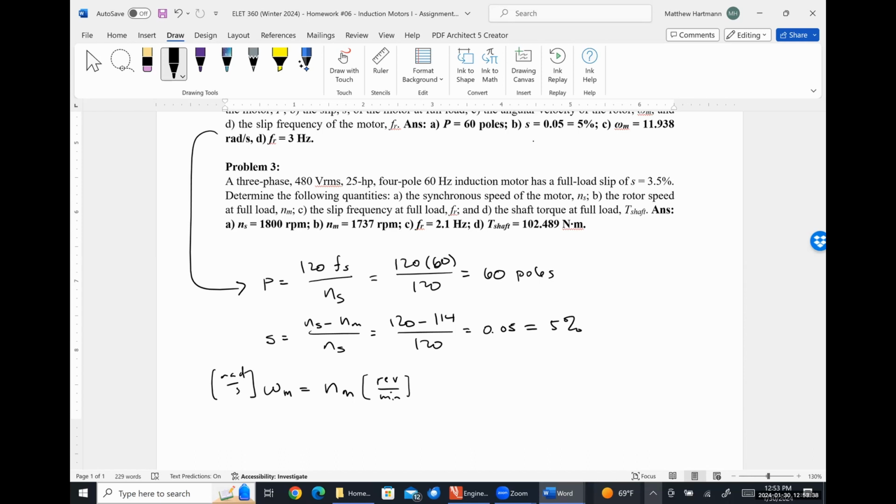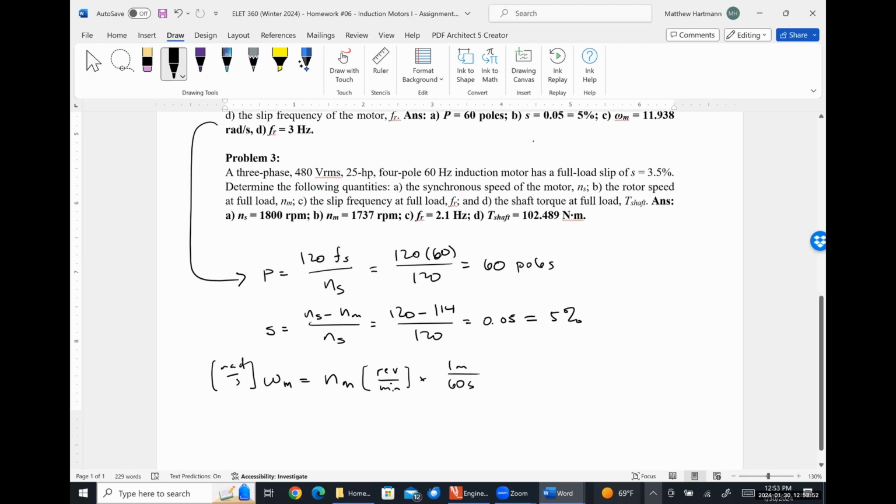So I'm definitely going to have to multiply this through by a factor of 1 minute equals 60 seconds, which gives me revolutions per second. And then there are 2 pi radians per revolution. So my revolutions cancel, my minutes cancel, and I wind up with radians per second.